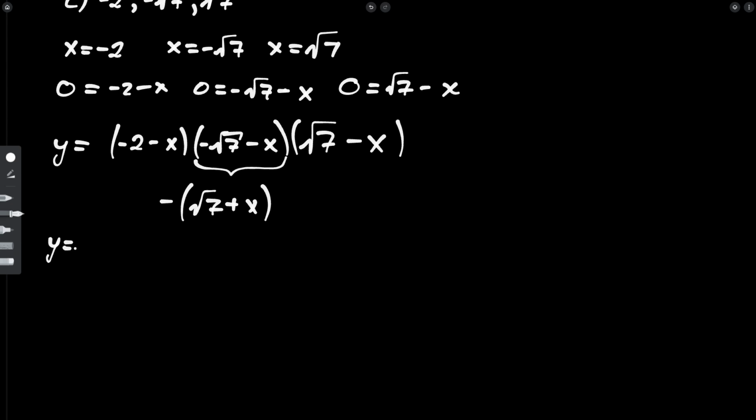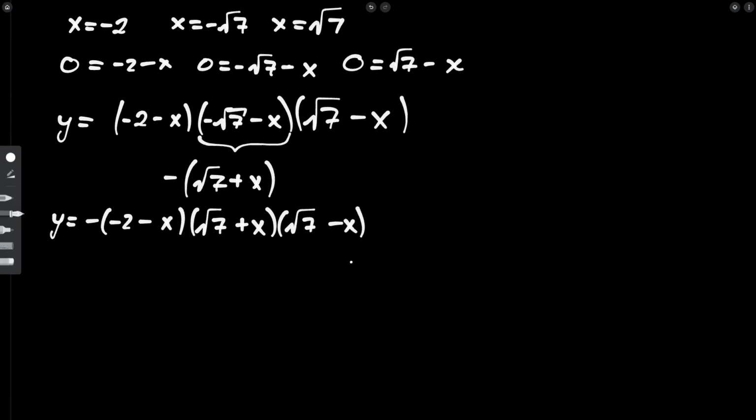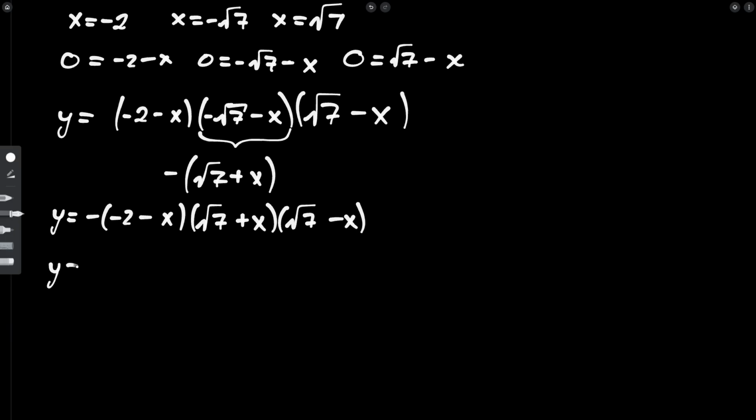So I'll write all those steps out. So it'd be -2 minus x, square root 7 plus x, square root 7 minus x. And you may already be able to see why I've done that. We have 2 plus x, root 7 plus x, and, forgot the parenthesis, square root 7 minus x.